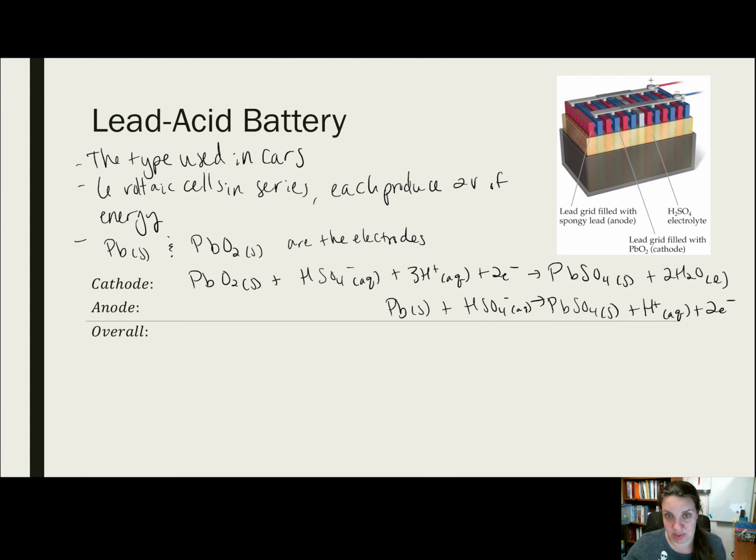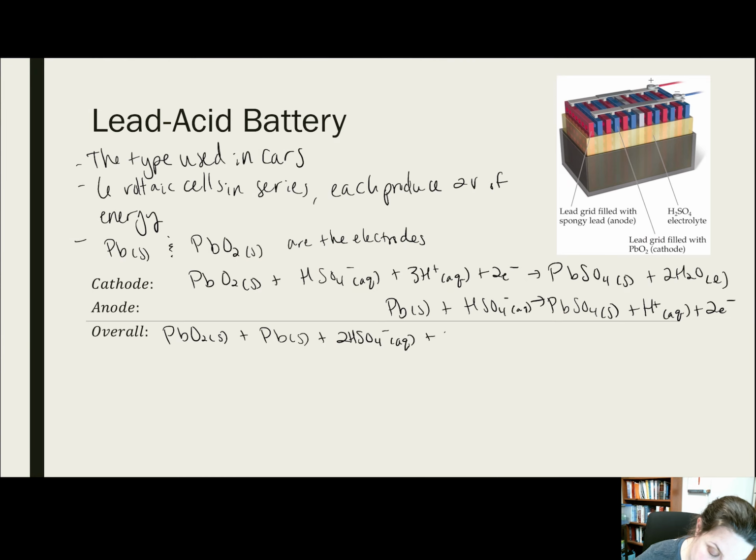If we look at our overall reaction, we're going to have lead oxide plus solid lead plus 2 HSO4 minus plus 2H plus going to 2 PbSO4 plus 2 waters.